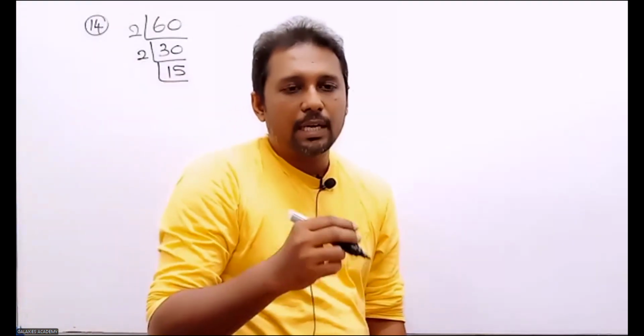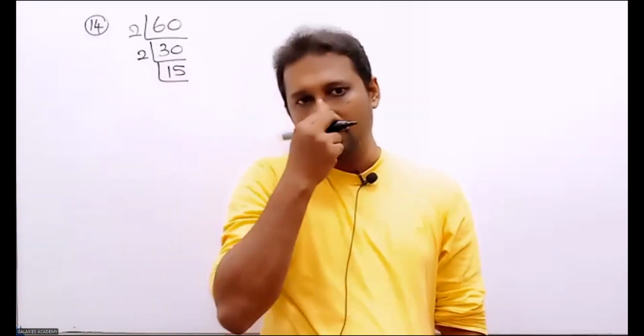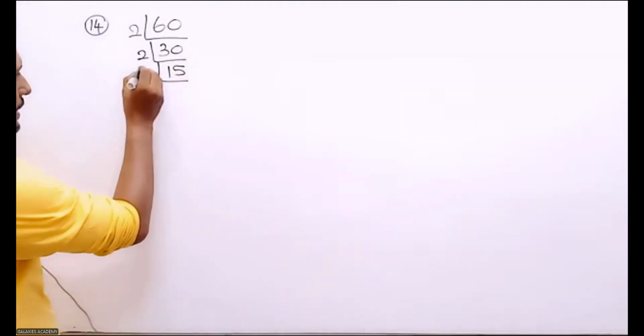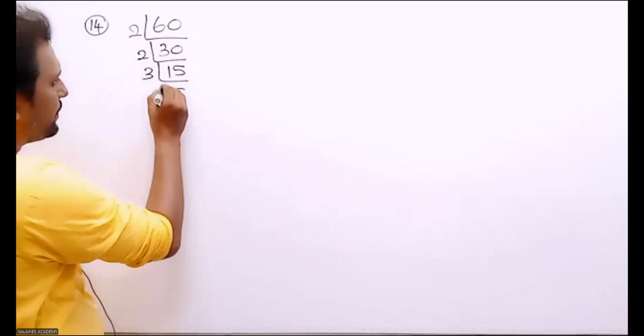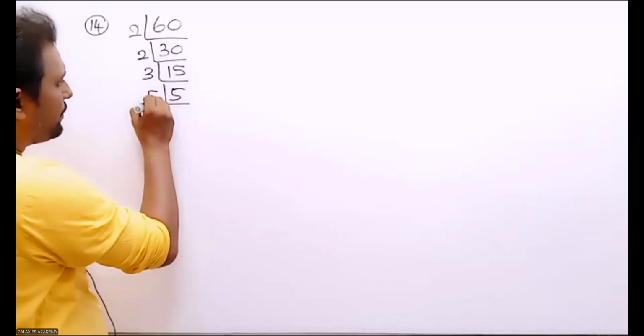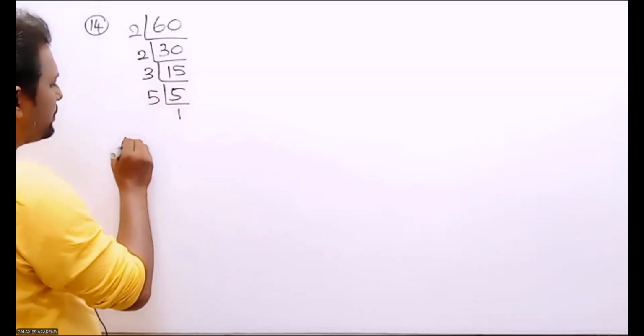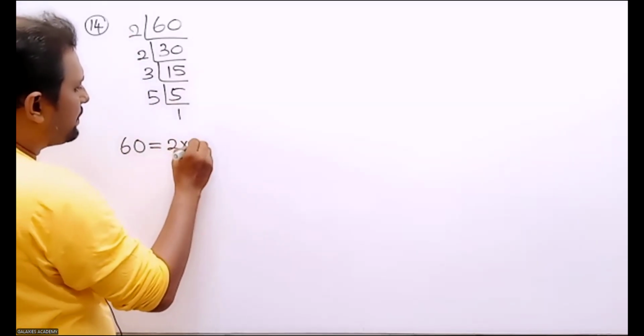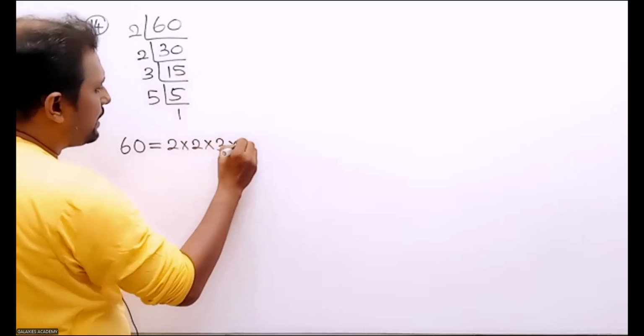Then you have to try the next prime number, which is 3. Yes, we can divide by 3, giving 5. Then 5 you can divide by 5, giving 1. Then you can write 60 as a product of these prime numbers: 2 multiply 2 multiply 3 multiply 5.